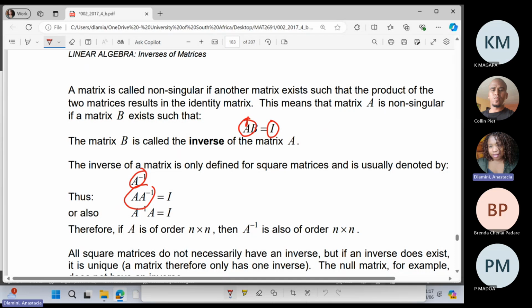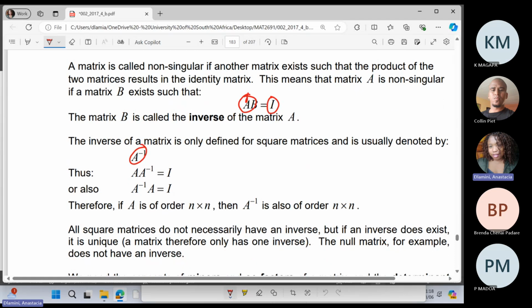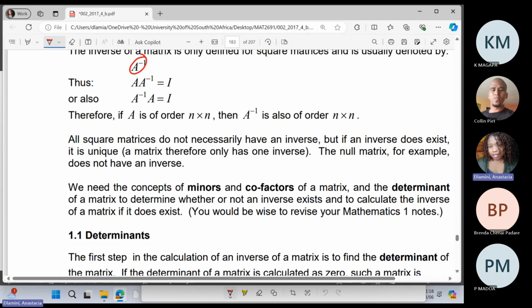Also, when you take the inverse and multiply by the matrix, you get the identity. Therefore, if A is an n by n, then the inverse also has to be an n by n. Now, not all square matrices necessarily have an inverse.